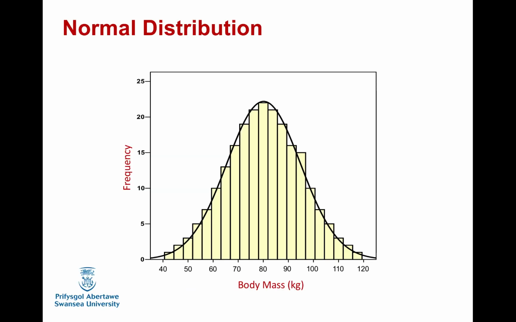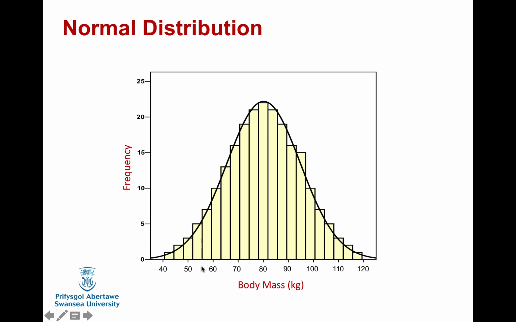What it means is that if we plot a histogram of the distribution of our data, then we'll get a histogram curve that looks like this. It has a characteristic bell shape to it. So what does this histogram actually represent? Well, on the x-axis here, what we plot is the variable that we are measuring. Now, in this case, what we're measuring is just a very simple measure of body mass, okay?